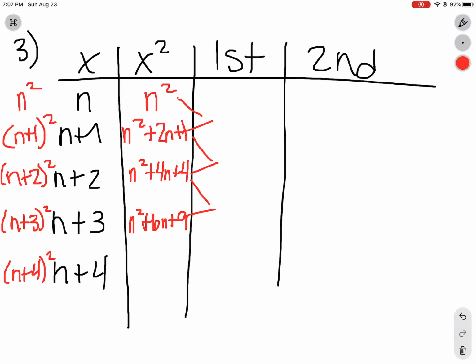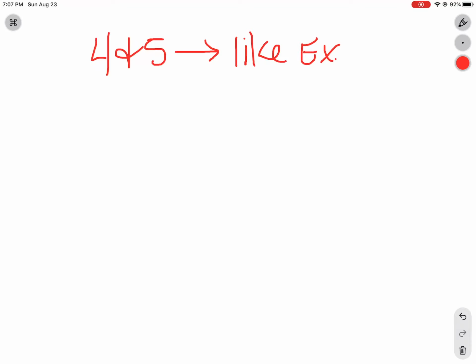So that's just a couple hints on your problem set. Like I said, number 4 and 5 are like example 4 from your notes.